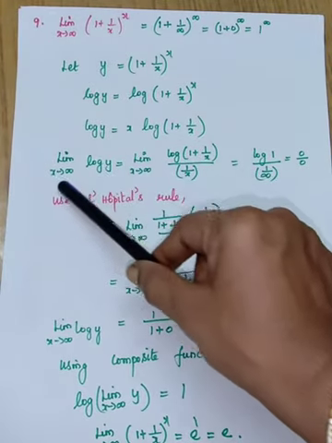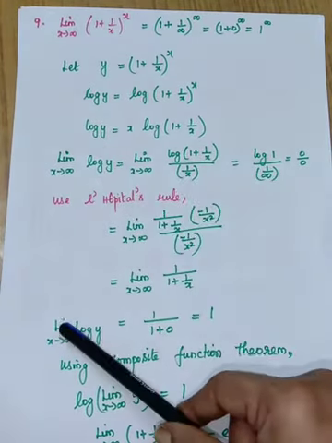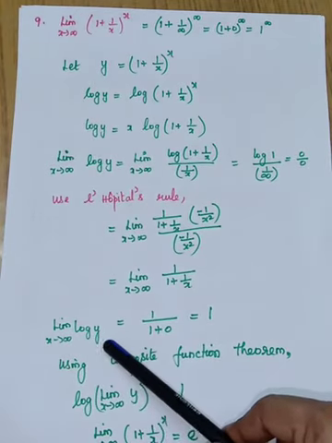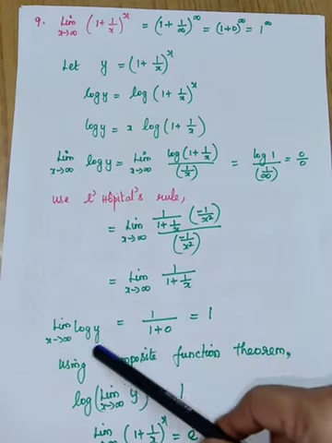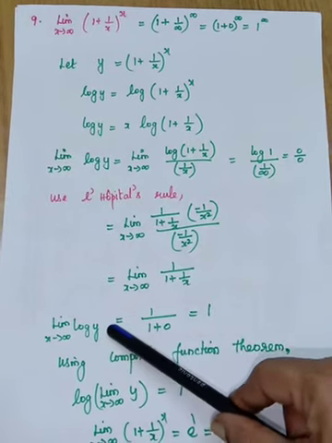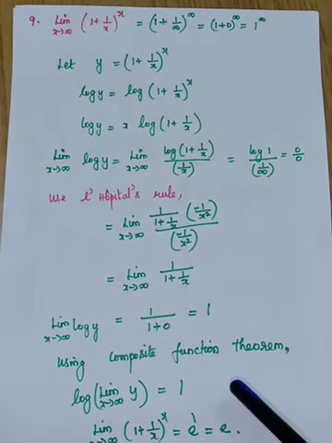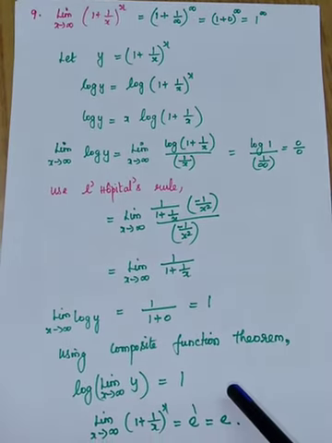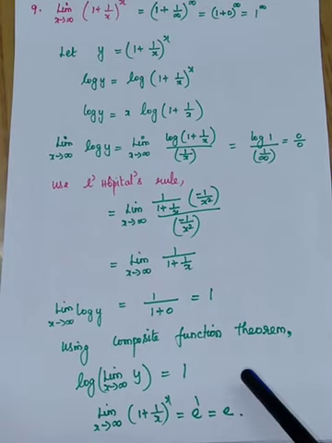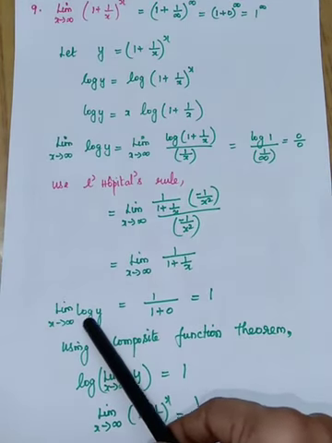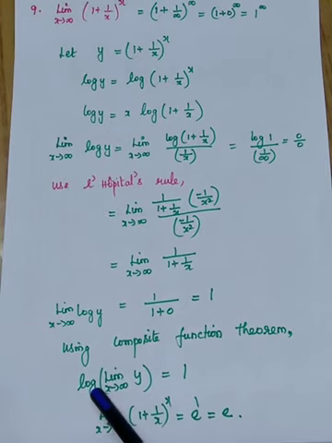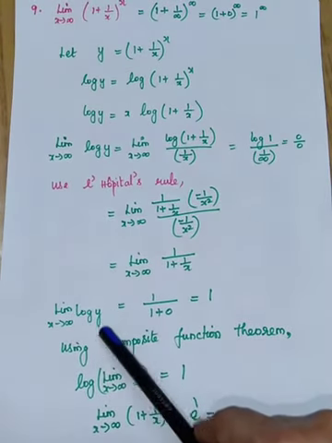So you just take the left hand side as limit x tends to infinity log y. Here they are in the composition of two functions. So you have to use the composite function theorem. When you use the composite function theorem, this log will go out and you have to apply the limit for y.